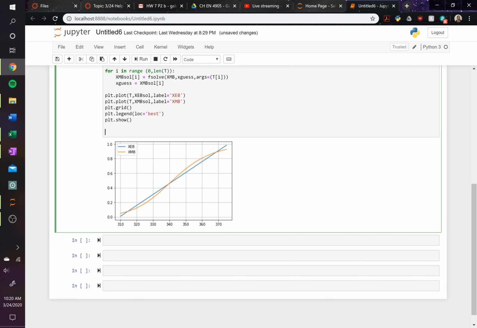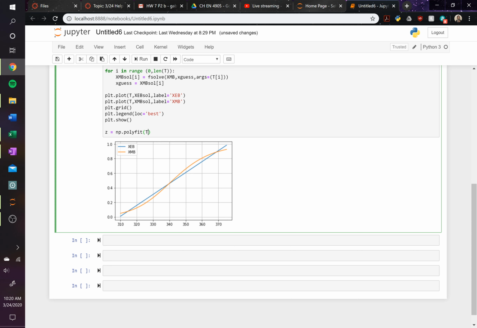So you can use polyfit, which will create a polynomial line of fit to a string of data that you have. In this case, it takes 3 inputs: your x values, your y values, and the order of your polynomial.